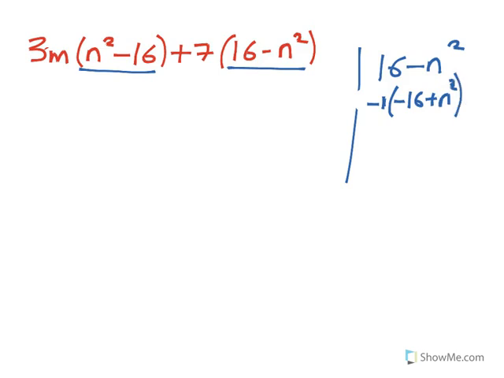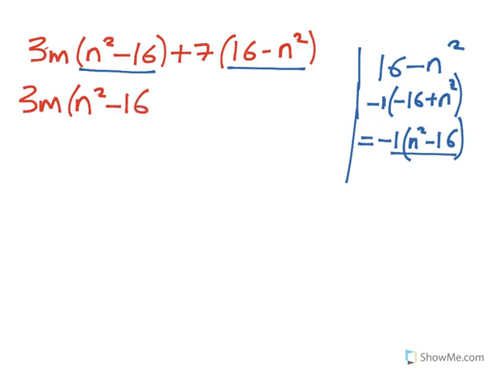Now, when you have got this, you can rearrange it to say minus 1 times n squared minus 16, which is similar to the first bracket. So if you can write it like this, you will have 3m(n squared minus 16). I'm going to take out a negative 1, so it's plus 7 with a bracket minus 1, then you're going to have, as we did previously, n squared minus 16.